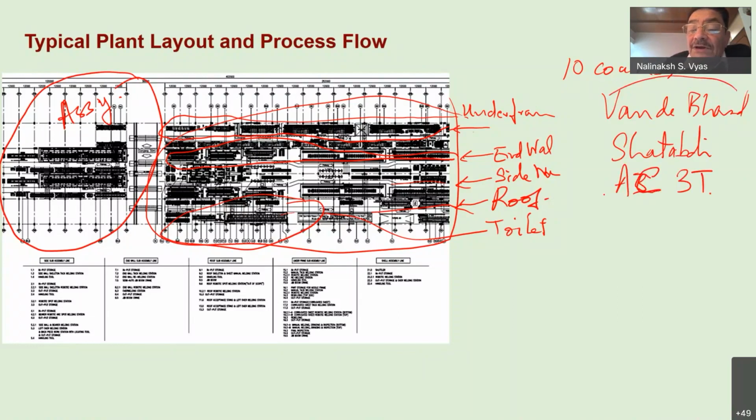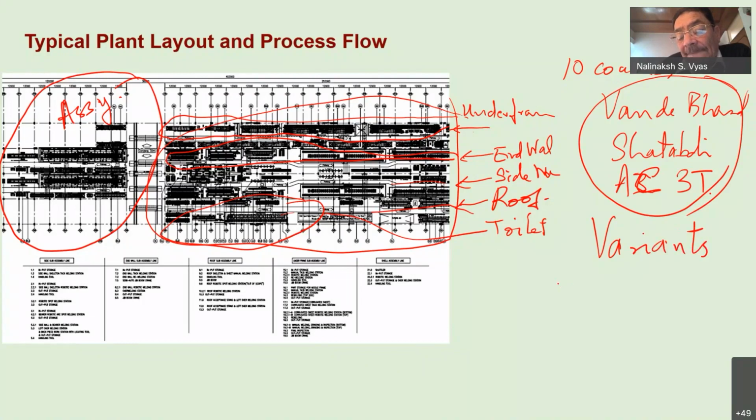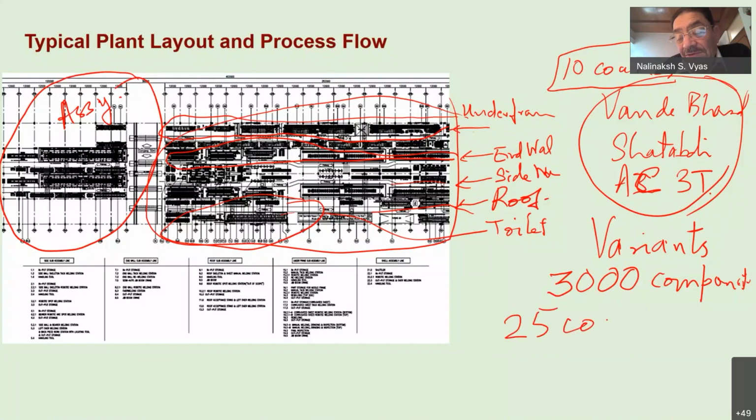So different components, different makes or different variants of coaches. Each coach roughly would have approximately 3,000 components worth taking note of. And though we are just making 10 coaches in a given order over a period of 2 to 3 or 4 days, the inventory lying around would be for a minimum of 25 coaches.